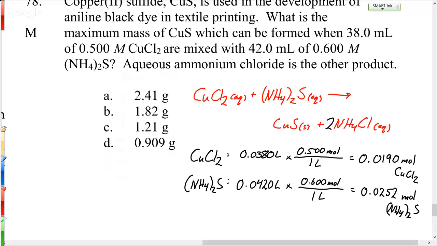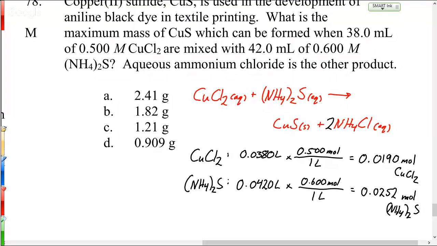Okay, so I've got that we are given 0.019 moles. So this is where millimoles can be helpful. If we just kept it in milliliters, we would have gotten 19.0 millimoles, 25.2 millimoles. So is that a stoichiometric ratio or is there a limiting reactant situation here? Limiting reactant. And what is the limiting reactant? The CuCl2.